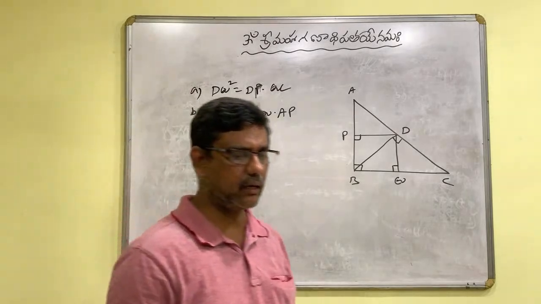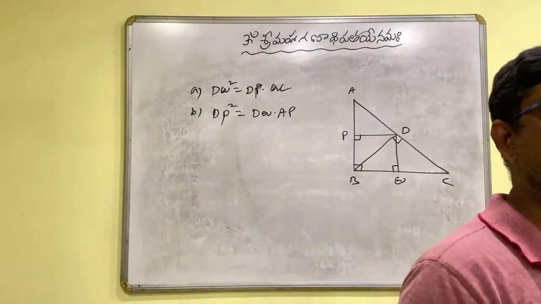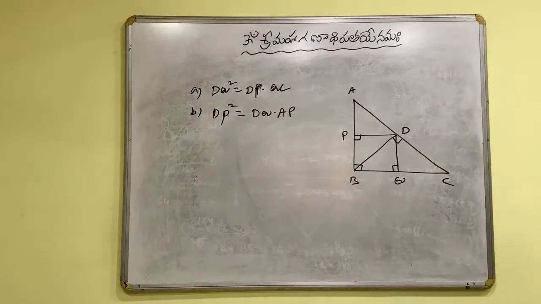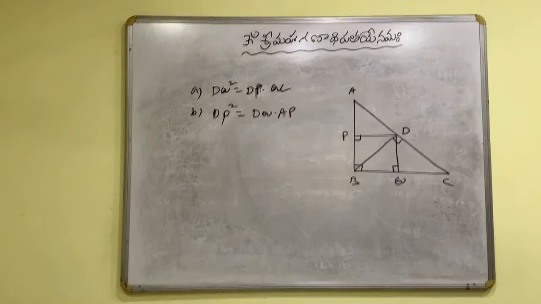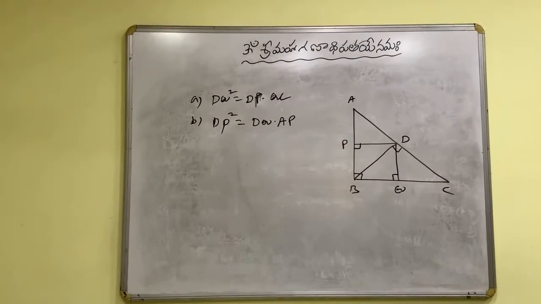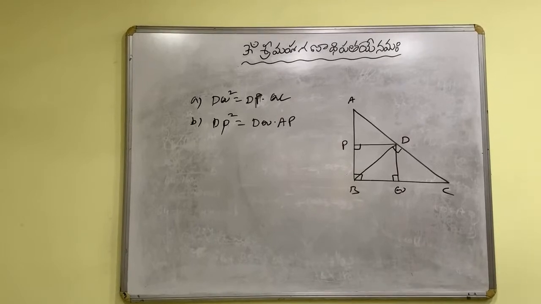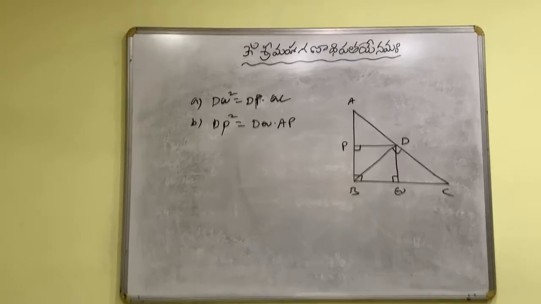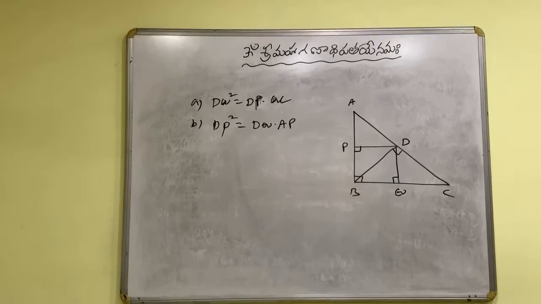How is it a square? BQDP, is it a square? And how? Rectangle. Why is it a rectangle? How can you say that it is a rectangle, Namrata?